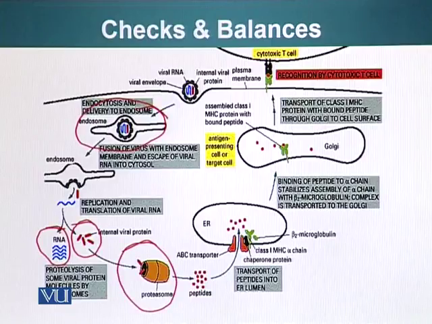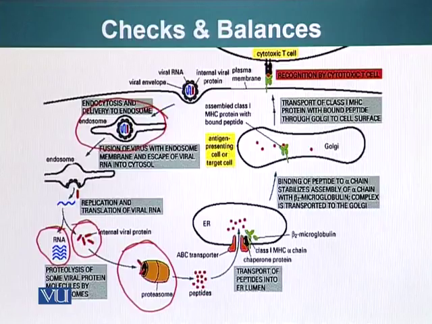This is basically a small complex of molecules which degrades proteins into small fragments, and these fragments are about the same size that can fit in the groove of MHC molecules. So this viral protein will also get degraded.